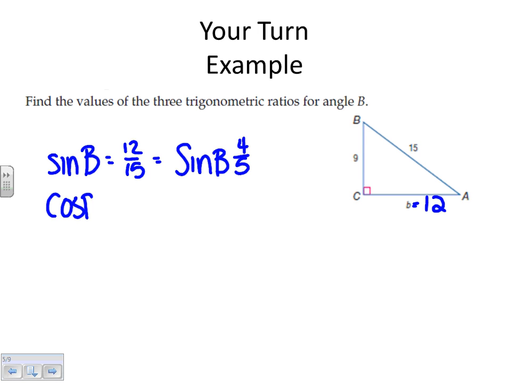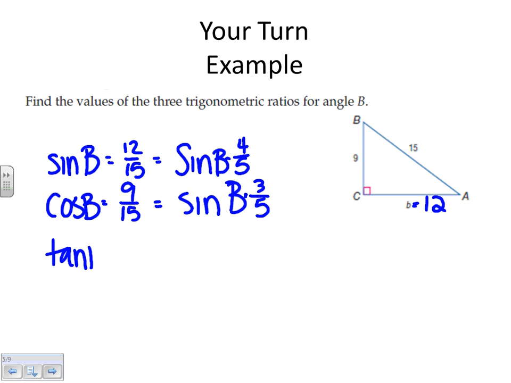Cosine B is 9/15, which is 3/5. And tangent of B equals 12 over 9, which equals 4/3.